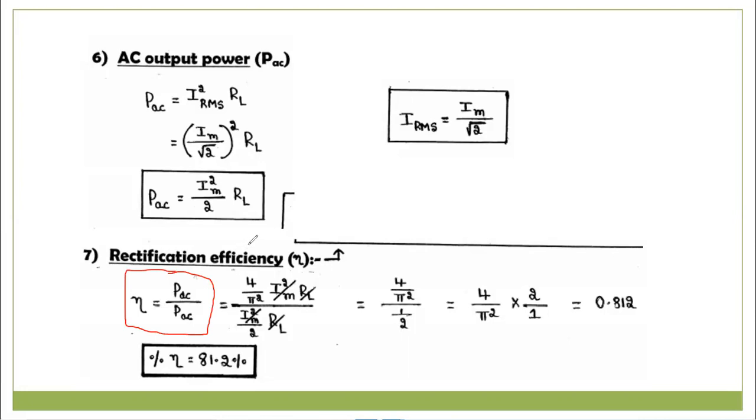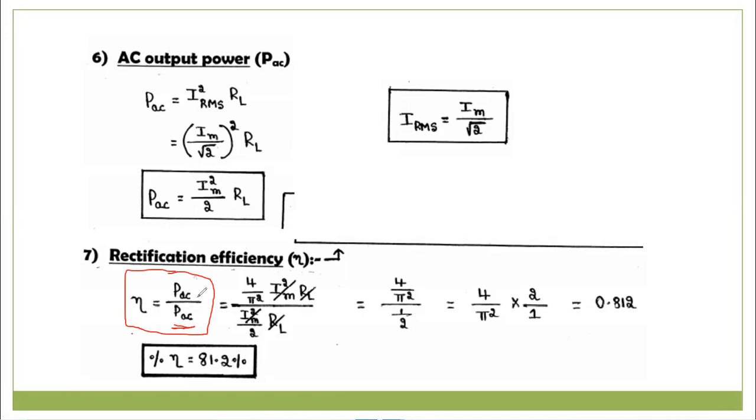The definition of rectification efficiency is the ratio of the DC power to the AC power. We can call it the output DC power to the input AC power. So here efficiency is given by PDC divided by PAC.